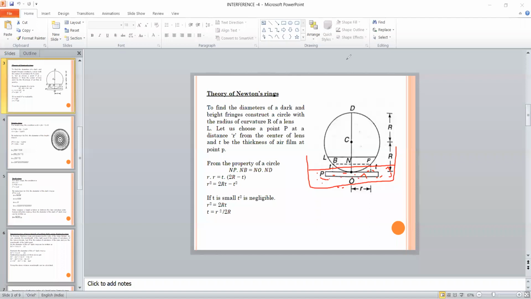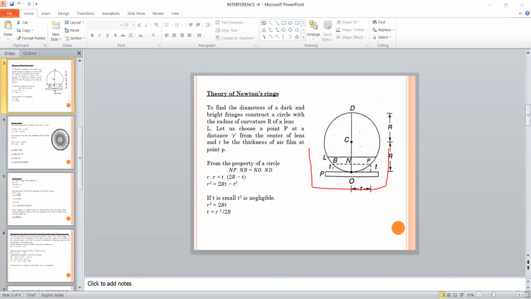That means what I'm saying, this Newton's rings experiment is used to determine the refractive index of that liquid. That means the same experiment we have to do in a liquid like this.